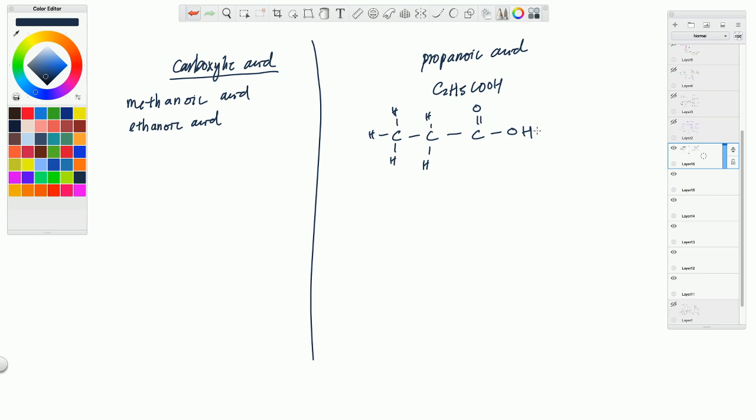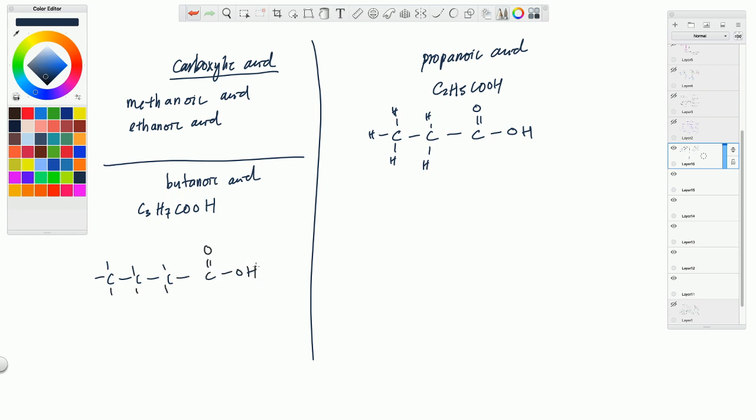Now, let's do a longer one. I'll come back to this in a while. So butanoic acid is C3H7COOH. C3H7COOH.